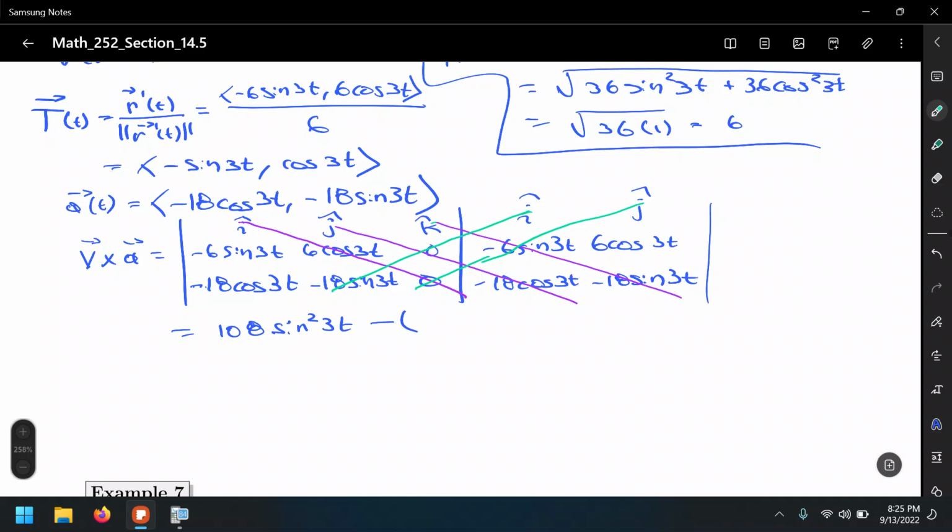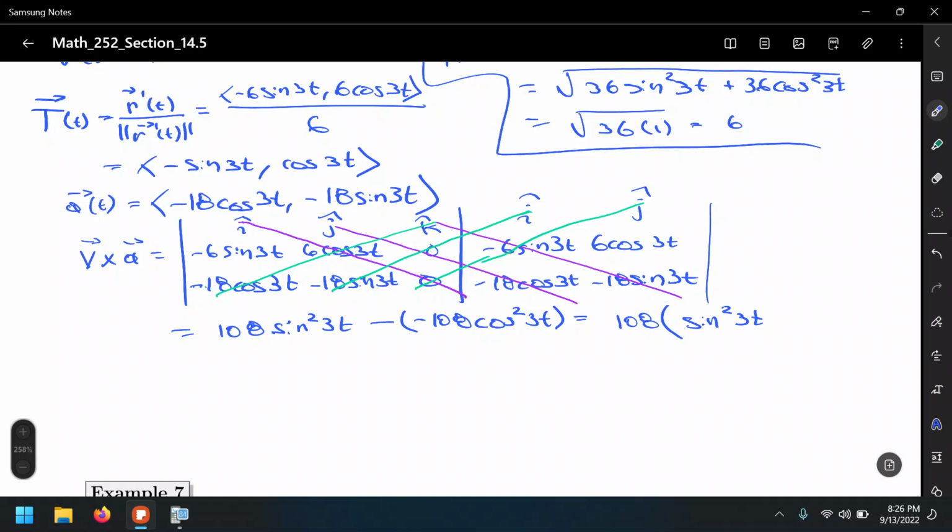And k times 6 cosine times 18 cosine. Well, that's another, but in fact it's a negative 108 cosine squared 3t, which reduces to, how about, factor out 108 and multiply by sine squared 3t.